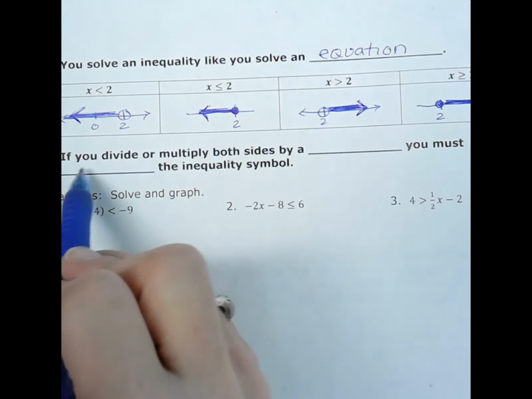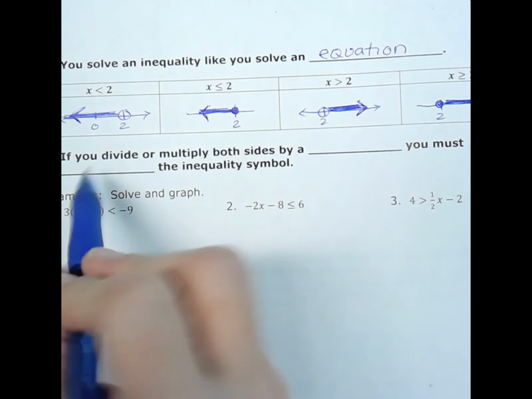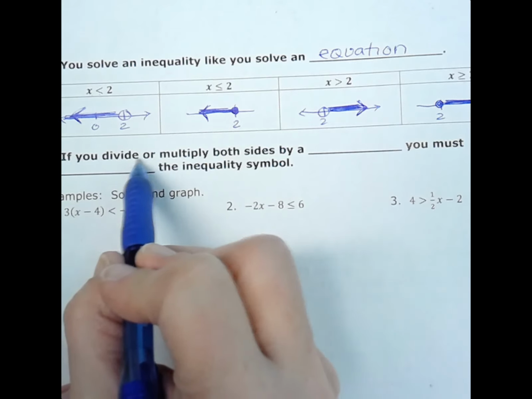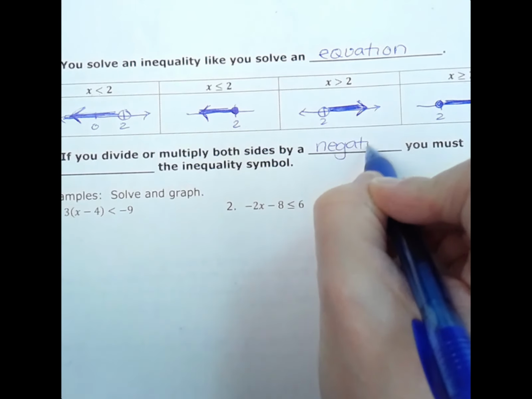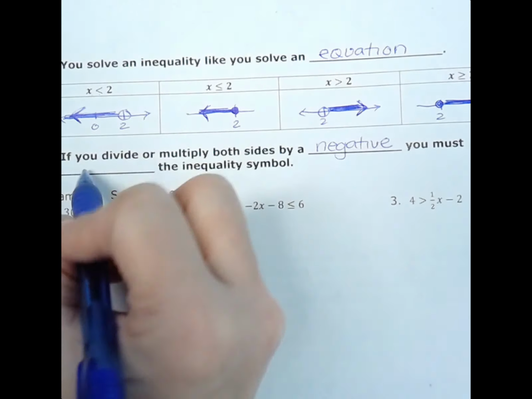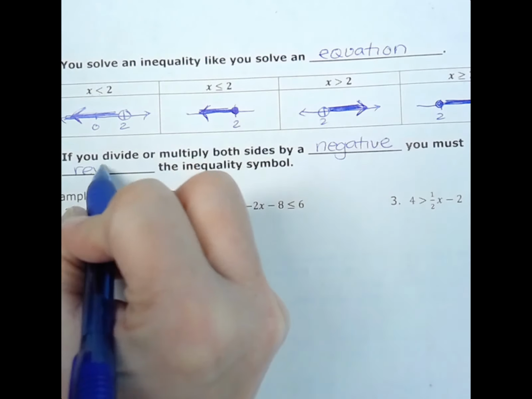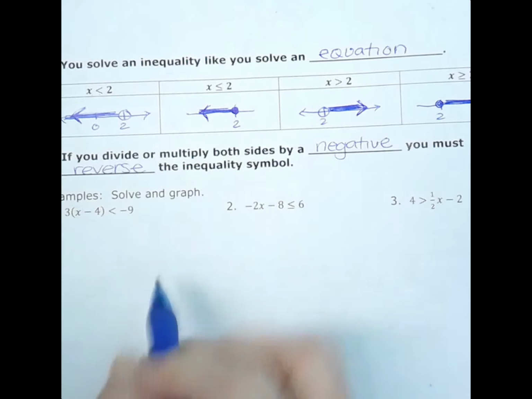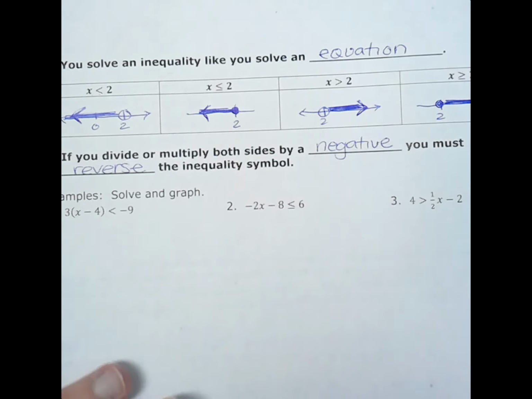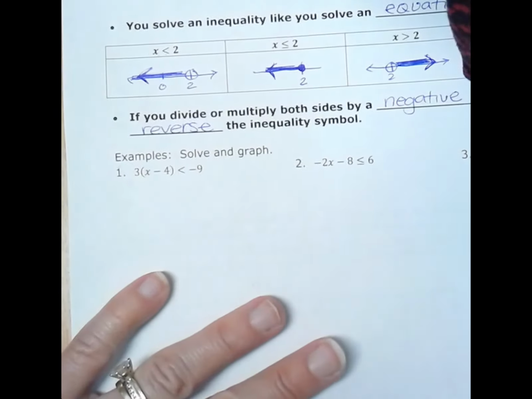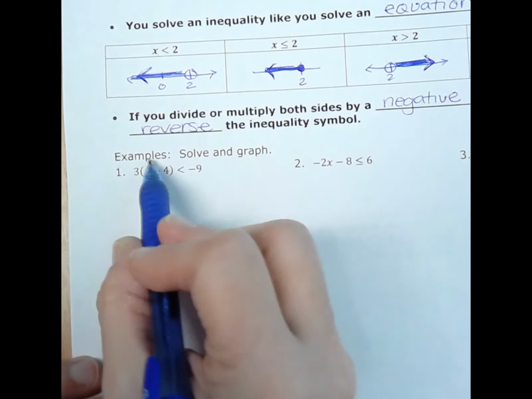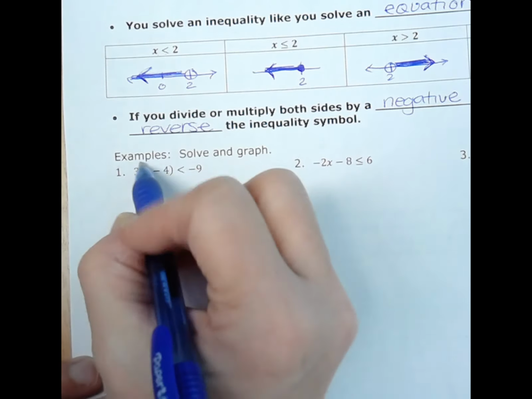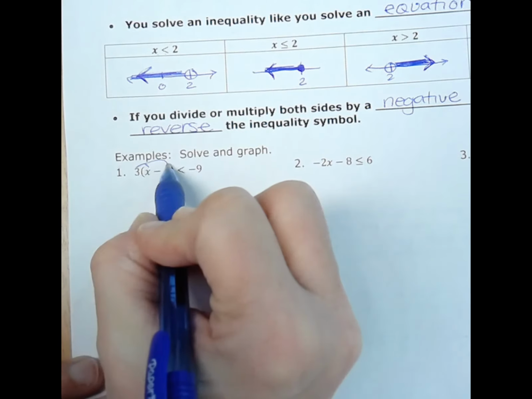Okay, and there's one trick you have to remember when you're solving inequalities. If you divide or multiply both sides by a negative, you must flip or reverse the direction of the inequality sign. So let's look at this example. We're going to treat it just like an equation. I need to get rid of the parentheses.